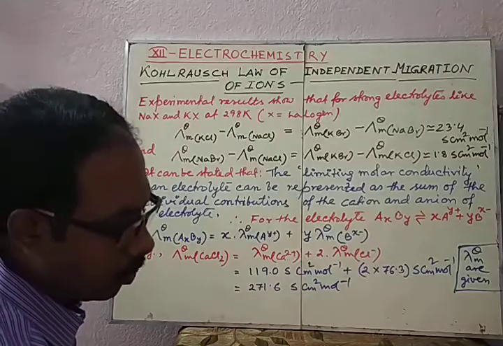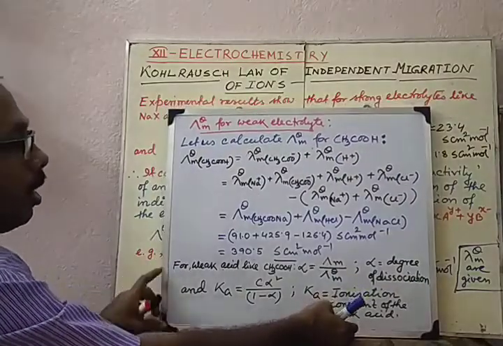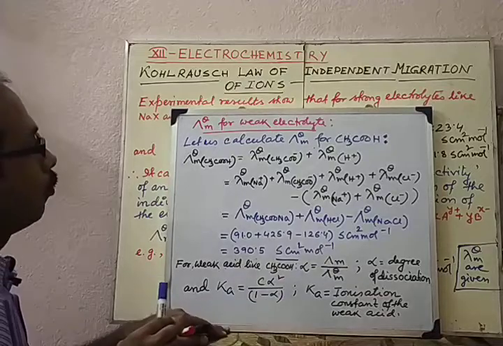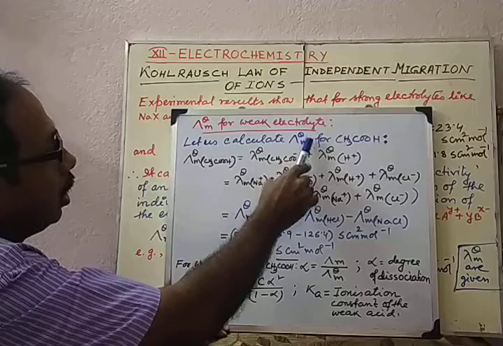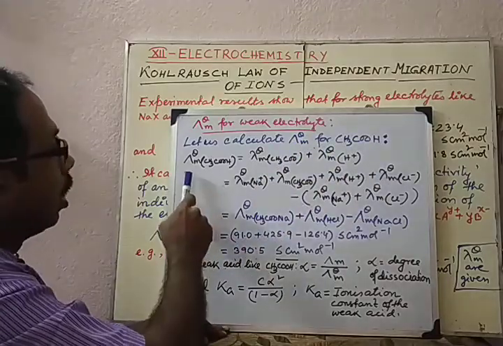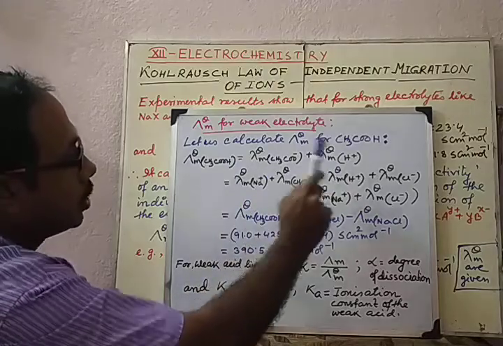Now this concept of Kohlrausch law can be used to calculate the limiting molar conductivity for a weak electrolyte. Say we want to calculate the limiting molar conductivity of acetic acid, which is a weak acid. Acetic acid is ionized as acetate ion plus H+ ion.